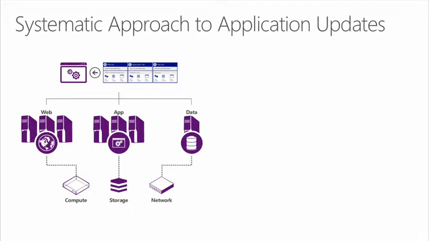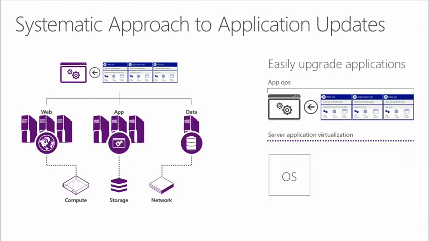And I can do that by taking an application or a service that's already deployed. I can update, say, the application inside of there, take that application package through Server App-V that's running version 1, upgrade to version 1.5 or 2 or whatever.